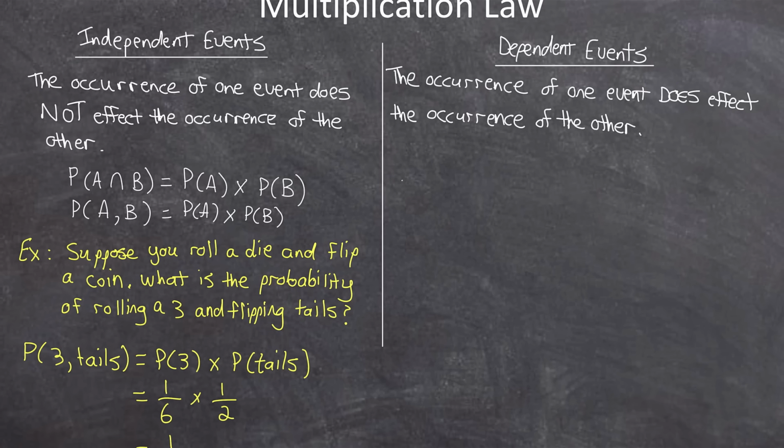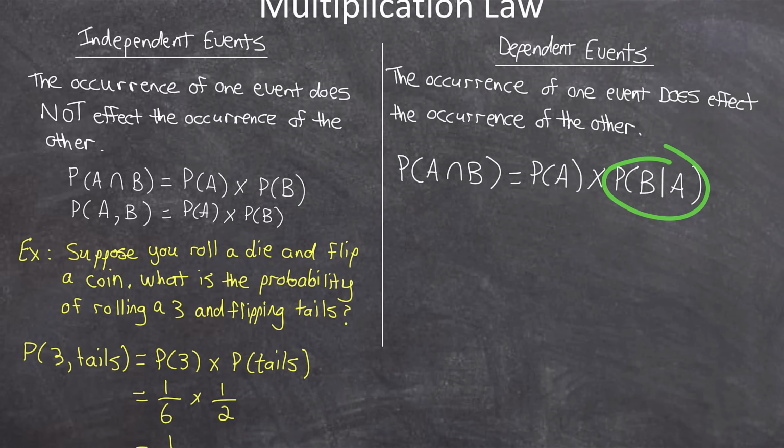So to find the probability of event A and event B happening, if the two events are dependent, we would find the probability of event A and multiply that by not just the probability of event B, but the probability of event B given that A has occurred, because that affects the probability of B. So let's do an example where we need this multiplication formula that involves a conditional probability.